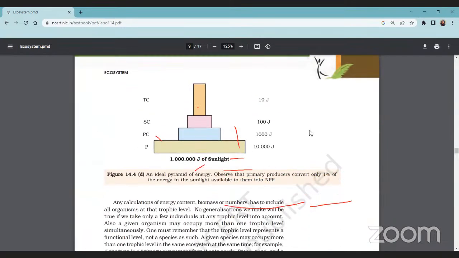And the next one is about the pyramid of energy. Okay, this pyramid shows how energy is flowing.